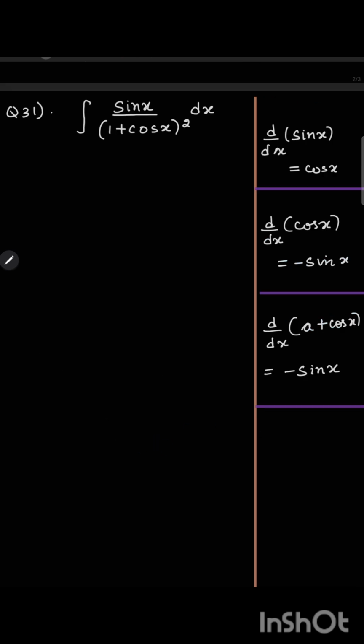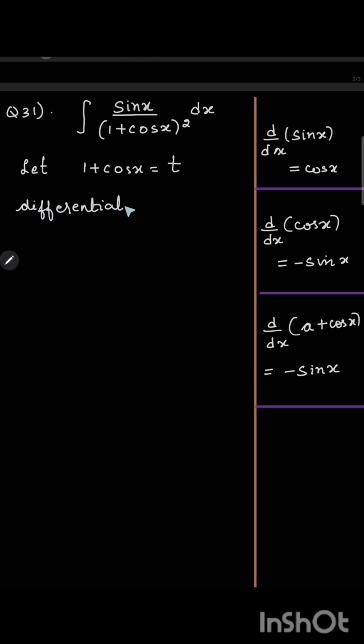Now the 31st question. The integral of sin x divided by 1 plus cos x the whole square with respect to x. This question is similar to the 30th one. So here let 1 plus cos x equal to t. We will take the entire denominator and equate it to t.